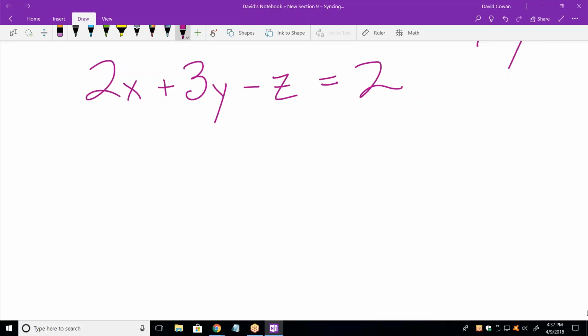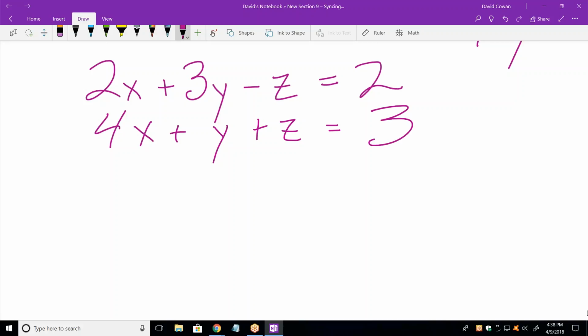There's 1 equation, 3 variables. Here's another equation. Is this still a system of equations? It is.